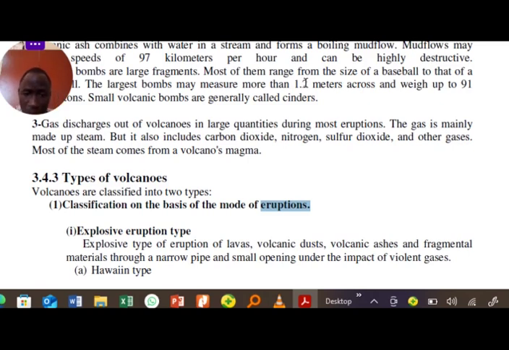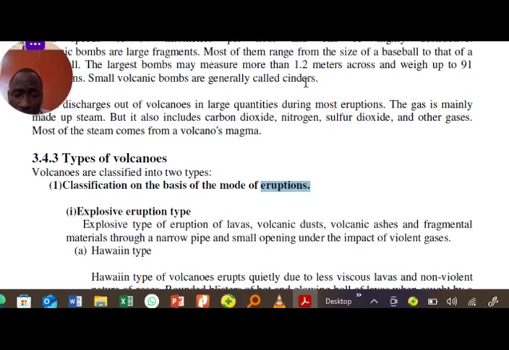When you look at these types of volcanoes, they are classified in various ways, or their classification is based on the mode of eruption. In other words, the quantity, the volumes of eruptions.